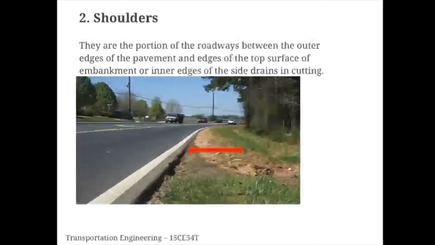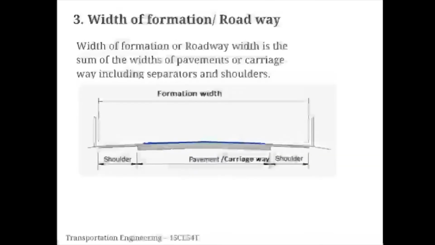Here it is shown in a red mark, right? Here to here, like that. Sometimes shoulders may be paved or they may be left unpaved, depending upon the situation and requirement.